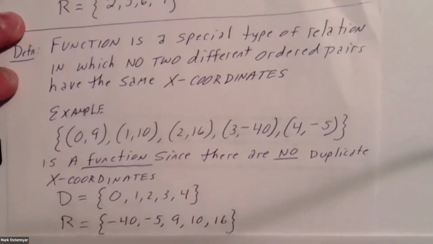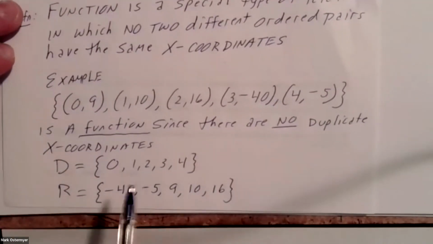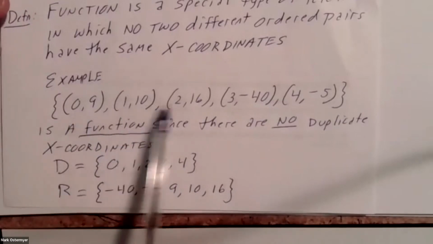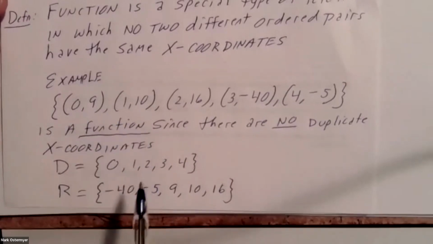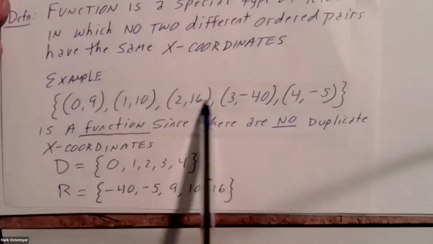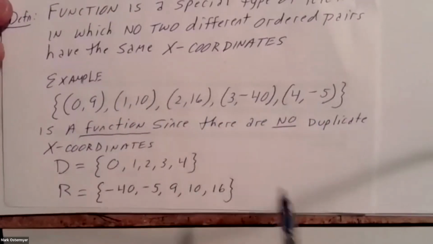The domain of which would be what? What would be the domain of this function? Well, it would be the set consisting of all x coordinates. 0, 1, 2, 3, and 4. The range would be the set of all y coordinates. -40, -5, 9, 10, and 16. Okay. Any questions about what a function is?